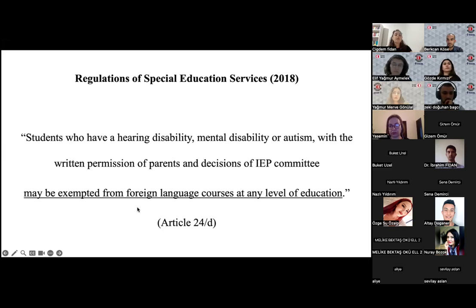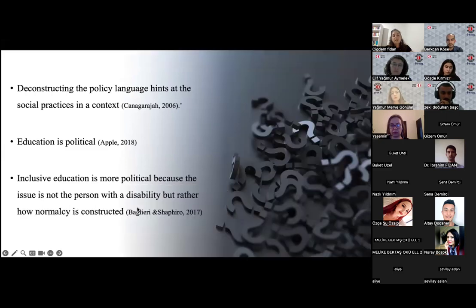So when we look at these documents from the inclusive education perspective, there is a lot to discuss and a lot to change. Constructing policy language hints at the social practices in a context. It's really important. In Turkey's case, we looked at these policy documents.